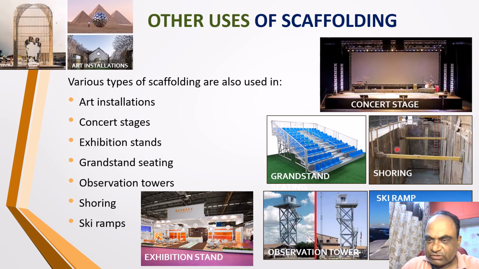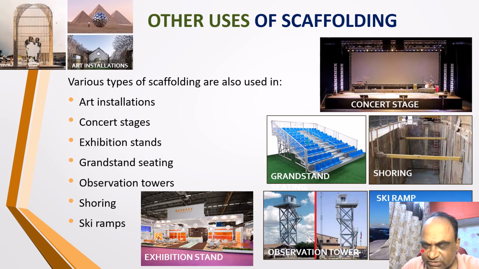That causes a danger to the workers working inside this trench. So they are supported by shoring, and this shoring avoids collapsing of the walls of this trench. This is very important. Shoring is also a kind of scaffold work, and that has to be done carefully.